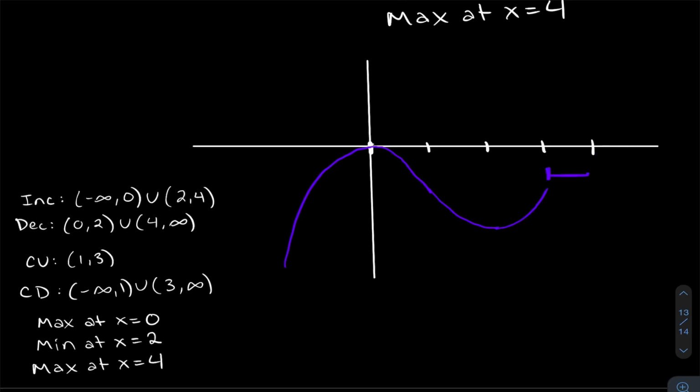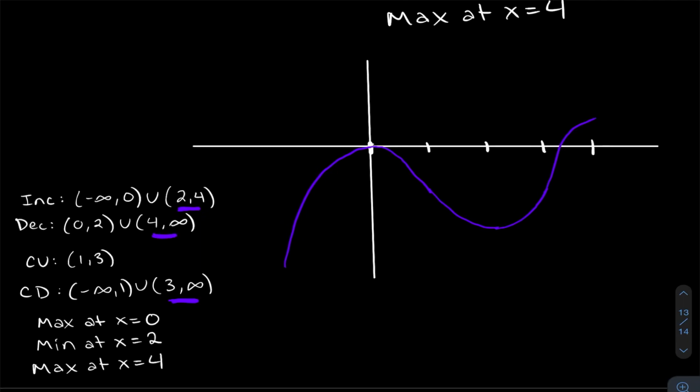So now what happens from 3 to 4? Well, from 3 to 4, we are increasing, and we are now concave down. So we're going to go like this, and we're going to slow our increase. And then it looks like we're decreasing from 4 to infinity.